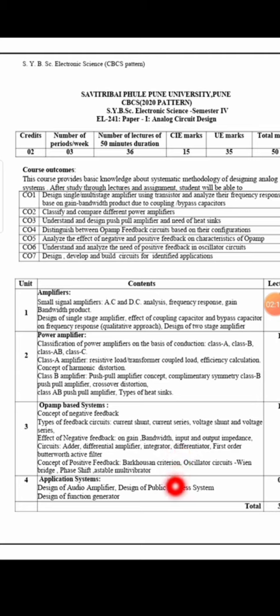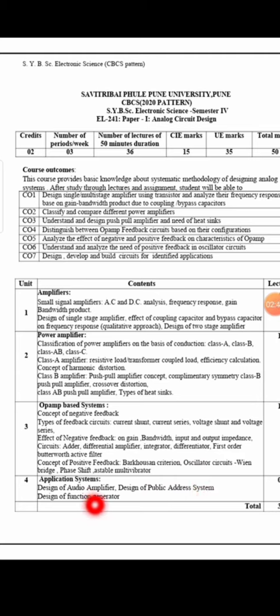Next chapter is application systems. In this chapter we are going to design audio amplifier, then design of public address system. You know that a public address system contains the mic and the speaker that is used for public addressing purpose.